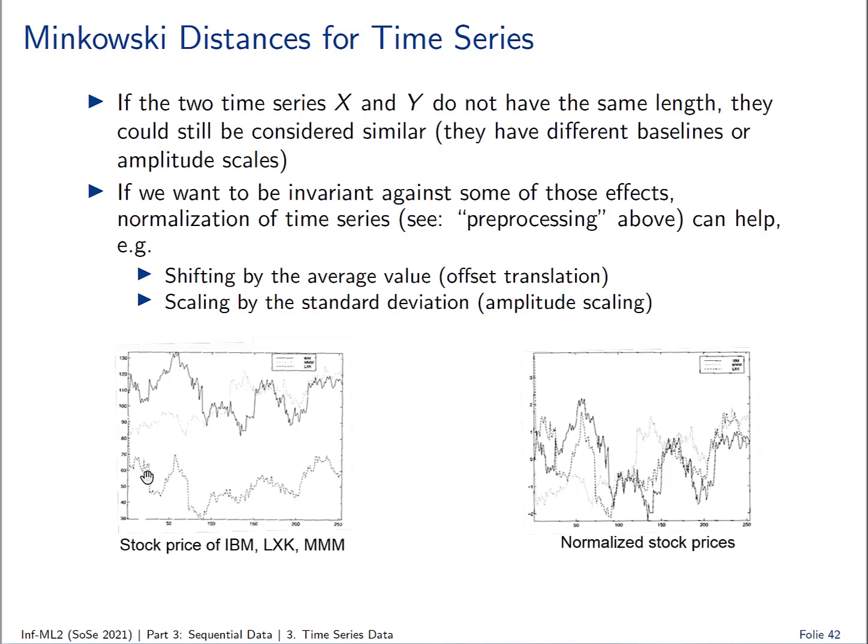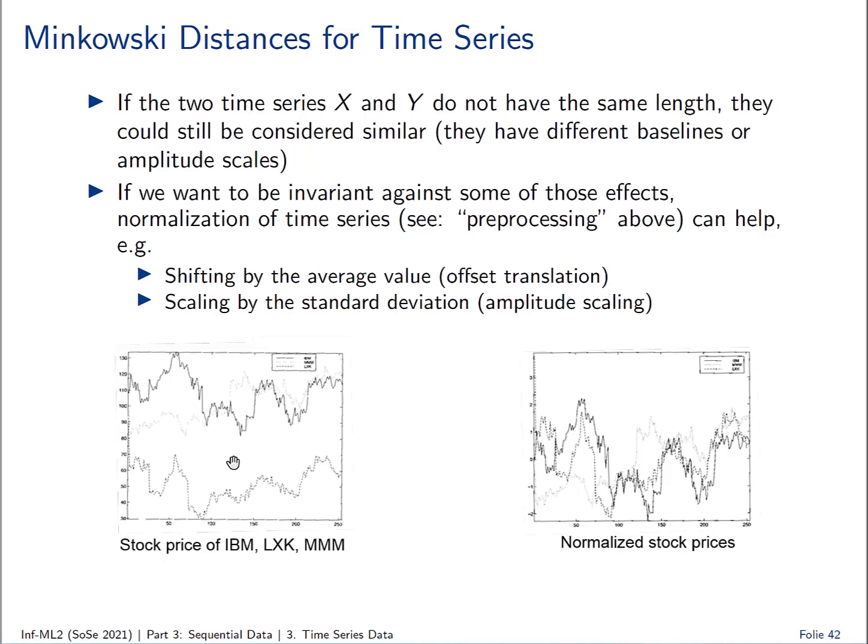So the Euclidean distance, or the Minkowski distance in general, would be quite large, because we will sum up all these differences from here to here. Yeah? And if we shift them by the average value, which is an offset translation, and maybe also scale with the standard deviation, we'll have something like this here. And then the Minkowski distance will be much smaller between those two.